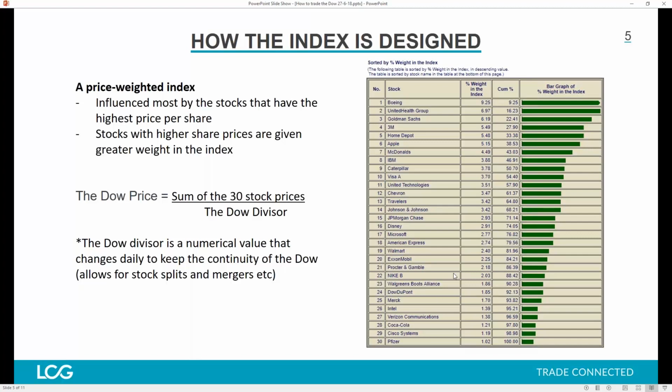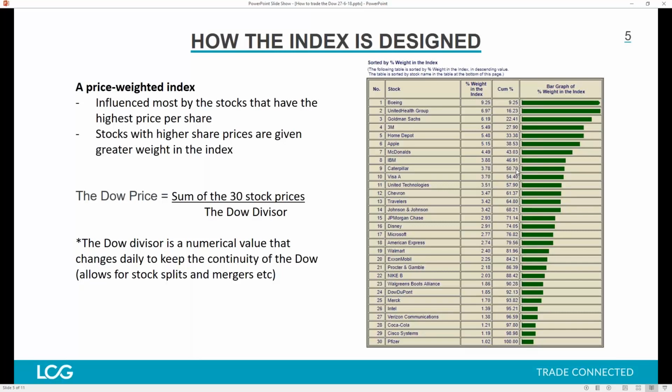You can see that when we get down to Caterpillar, which is just 9 of the 30, Caterpillar all the way up through Boeing accounts for 50% of the index. So just those 9 companies can account for 50% of the movement of the entire index, with the remaining 21 having proportionately less effect.